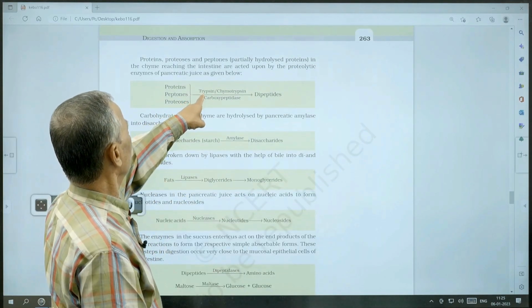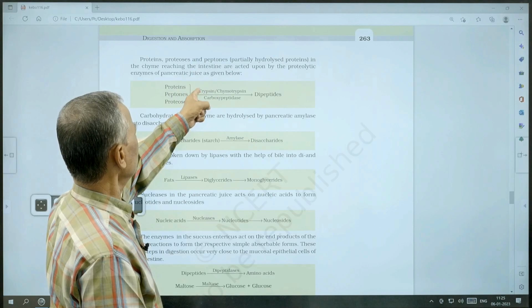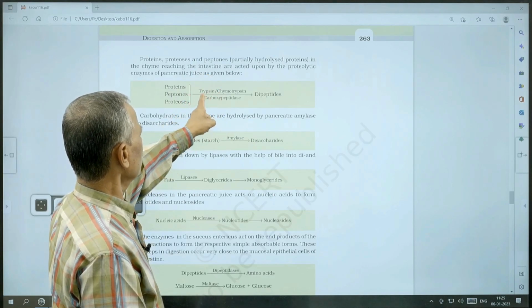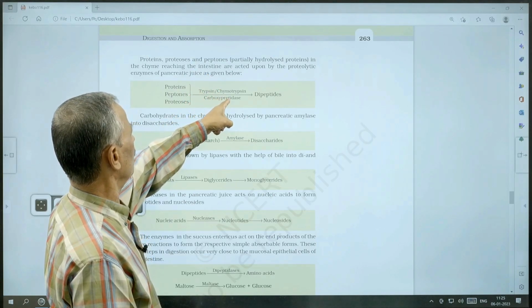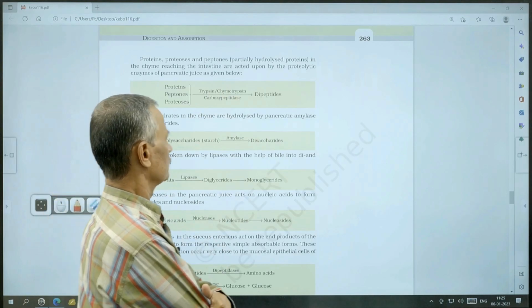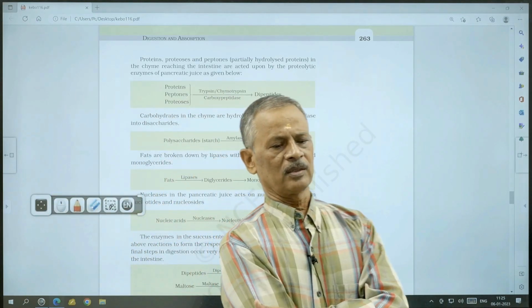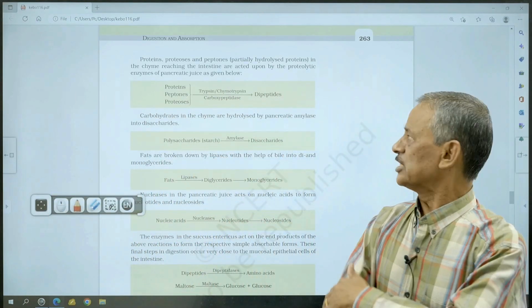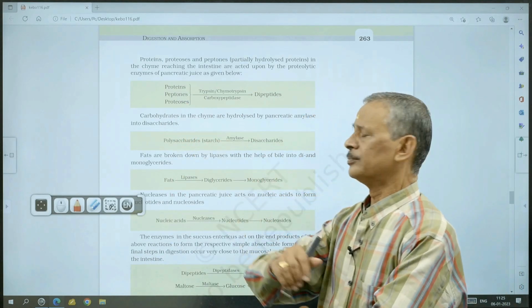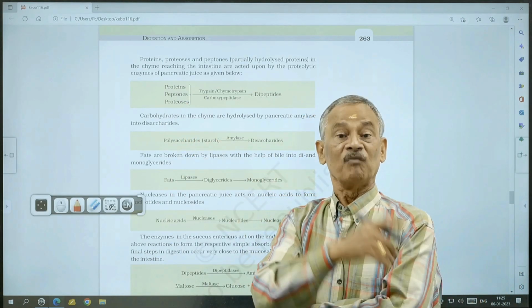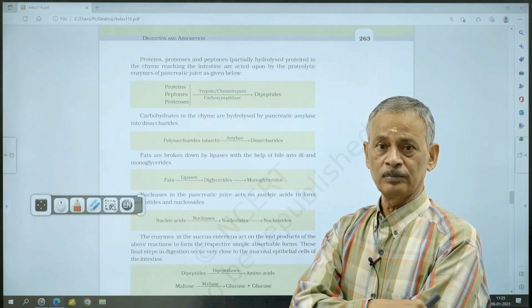It contains trypsinogen, chymotrypsinogen, and procarboxypeptidases. These are all protein digesting enzymes in an inactive form.